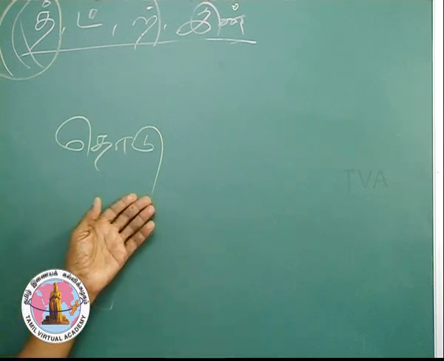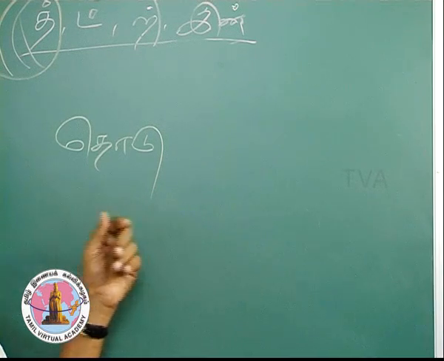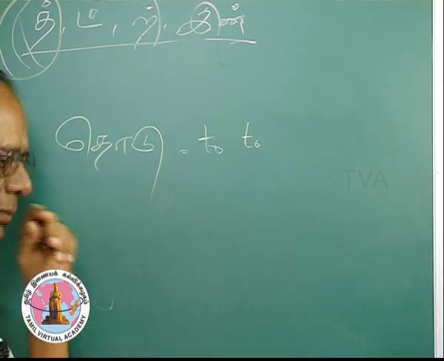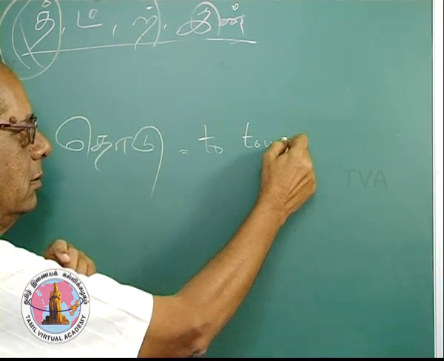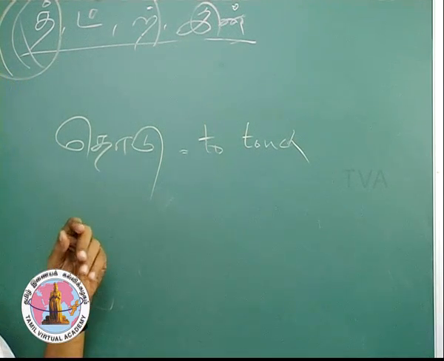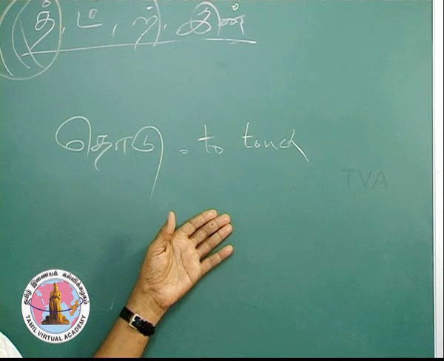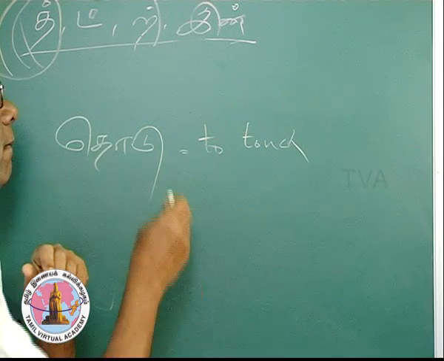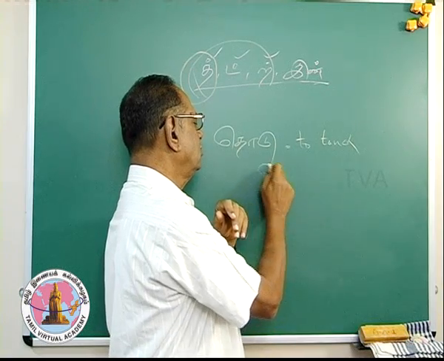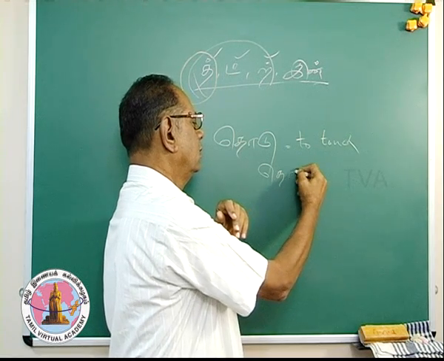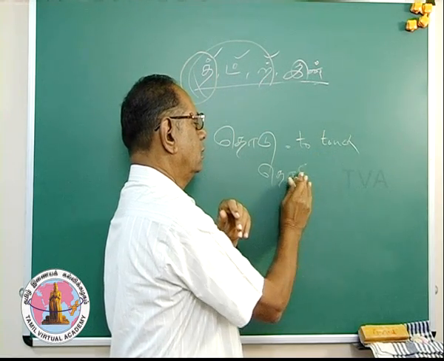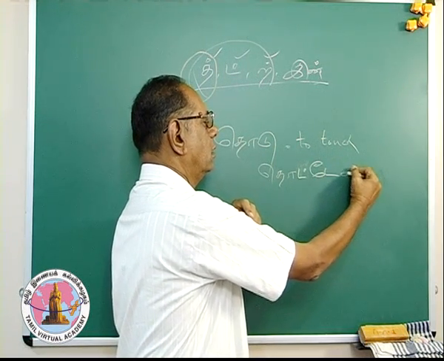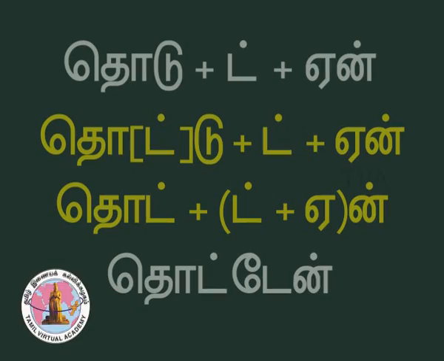Todu is a verb which we saw just now. It means to touch, and it is transitive. We saw the past tense form as... to obtain.